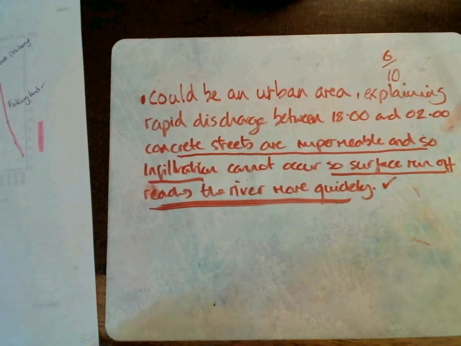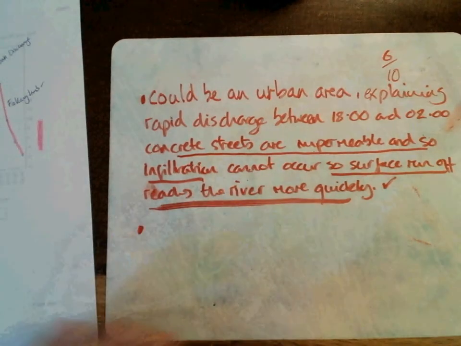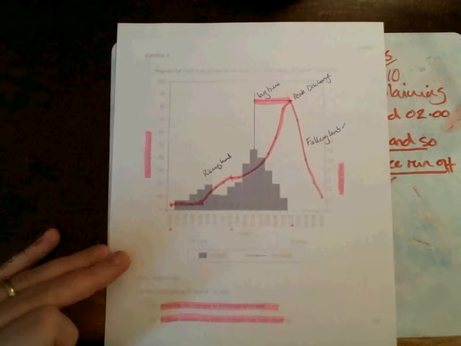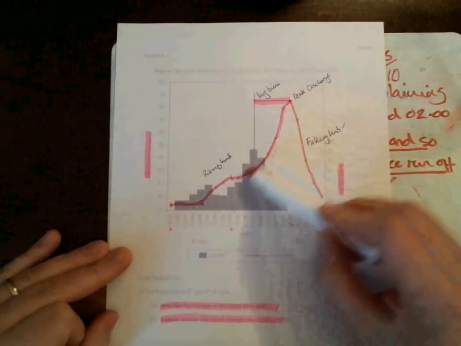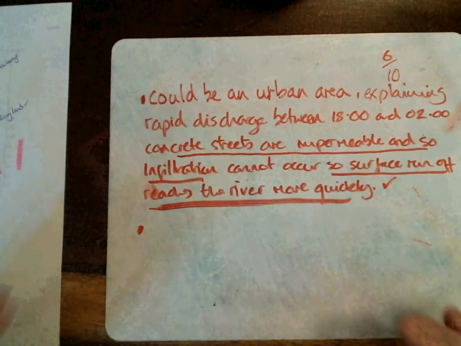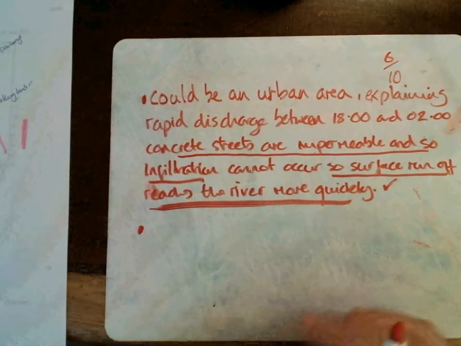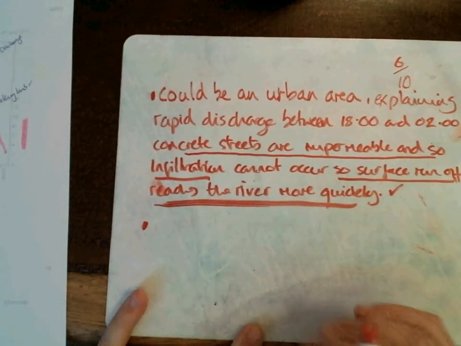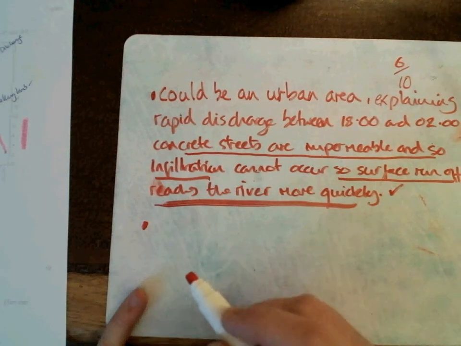And that's us at 6 out of 10. Just referring back to the question briefly, I'm only concentrating on this area where there's really rapid filling of the river. So I'm just going to keep doing that. There's no requirement for me to describe everything that's happening on the river, so I'm just going to concentrate on these reasons why the river is filling rapidly.